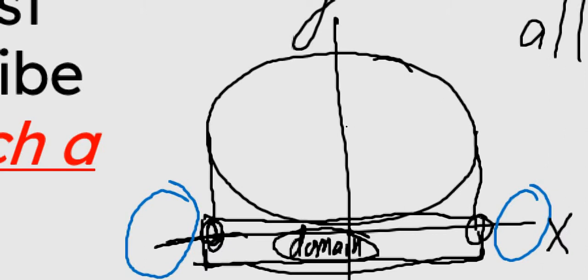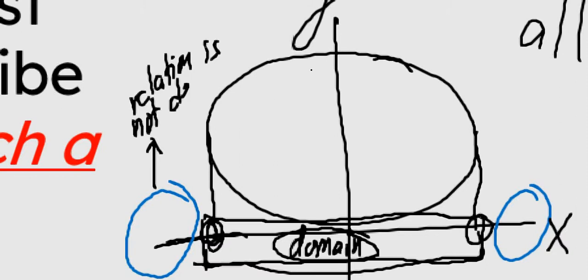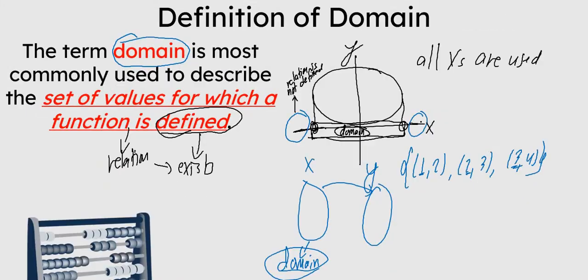Which would mean that beyond these values of x, the function or the relation is not defined. Meaning the relation does not exist with these values of x here. And that is what the domain is. These are the values that would make our relation or function exist.